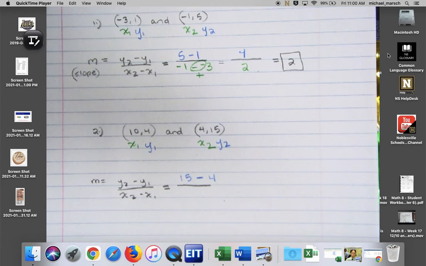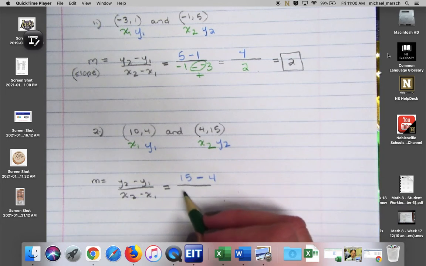Does everybody see how I'm doing this? I'm literally taking this number, putting it here, and this number, putting it here. I'm just putting them in specific locations. Then what is x2? 4.